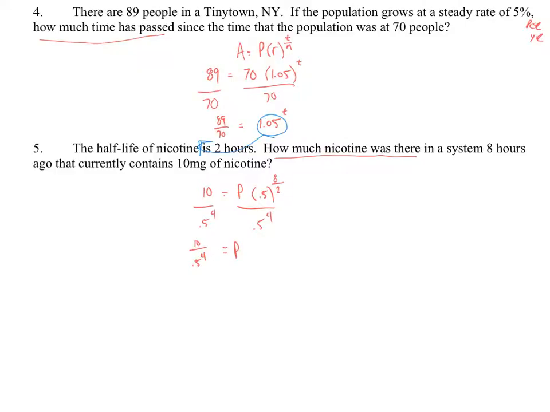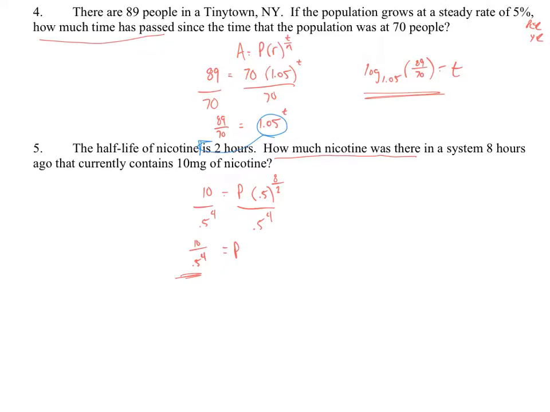So when we set this up and that 1.05 swings over to the other side, you have to introduce the log of 89 70ths, and now your time is this all by itself over there. So at this point, you could just punch that into the calculator and this into the calculator, and you'd have your answer. But I wanted to bring that to your attention because when you're solving for p, your only step really is to divide by this other stuff, get it out of there. When you're solving for t, you have to swing the base over, so you'll have to wait until the only thing you have left is this, get the base out of there, and then you'll have t by itself.